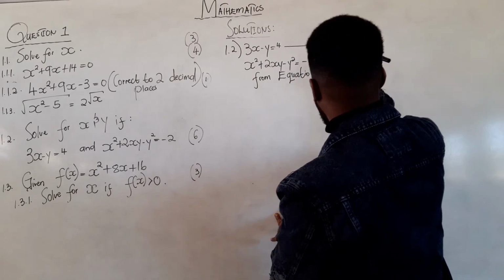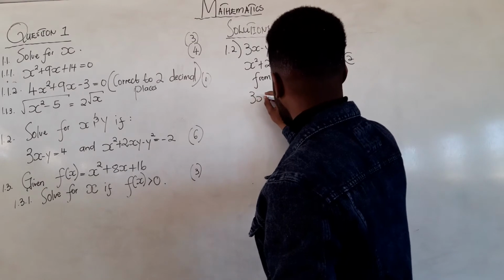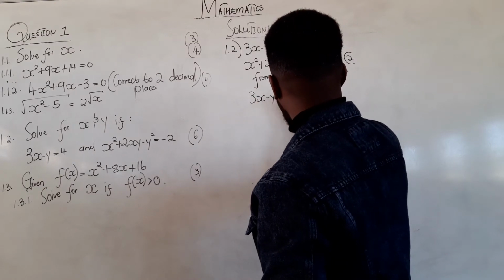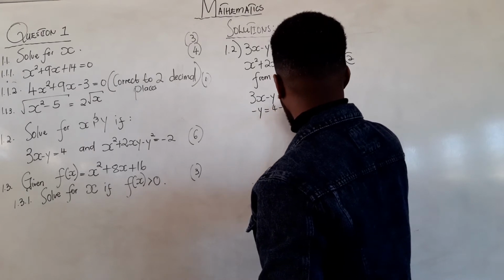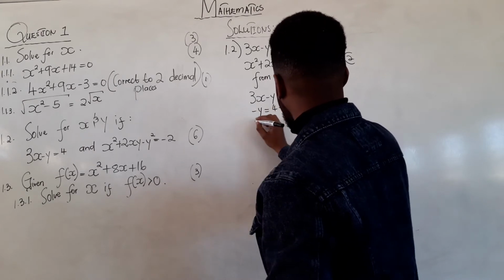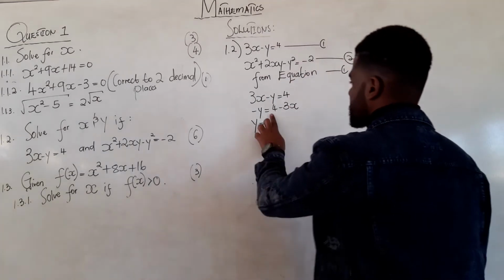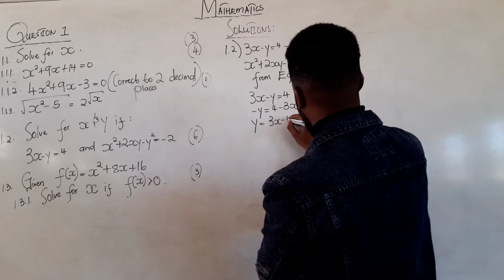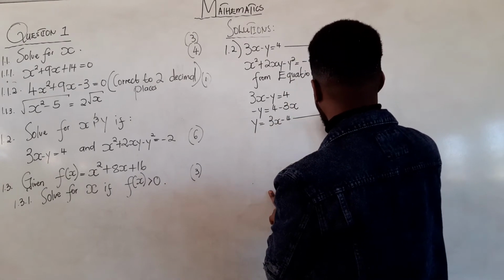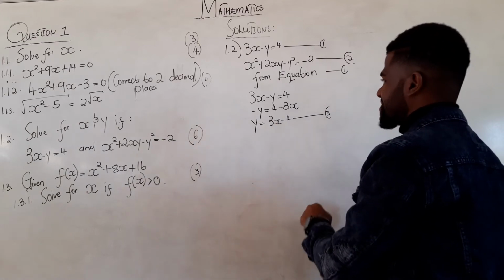We're using equation 1 and let us manipulate it. 3x minus y is equal to 4, negative y is equal to 4 minus 3x. Therefore, the third equation is y equals 3x minus 4, or negative 4 plus 3x.